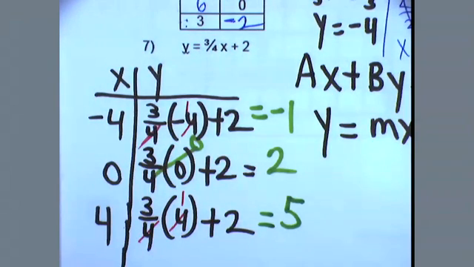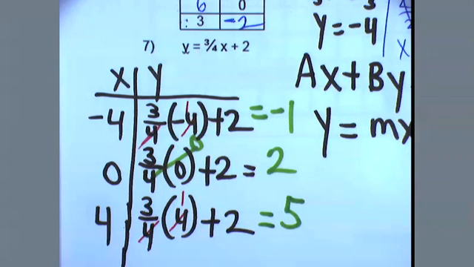So we have enough ordered pairs so we can plot these points and get the graph of the line. Any questions from any campus on how we got the points before we plot them?